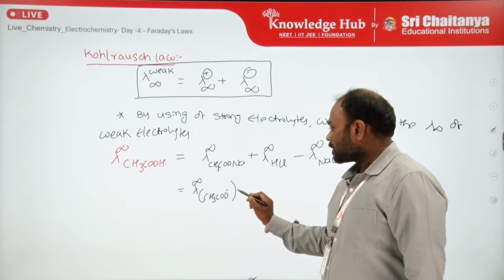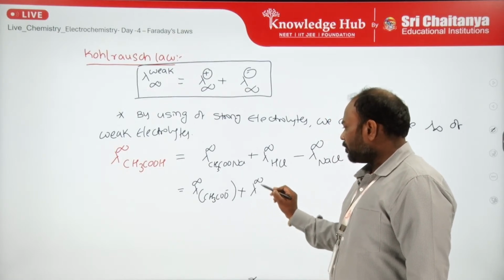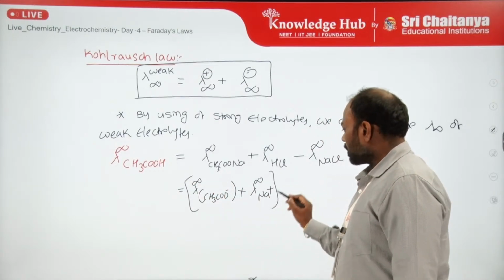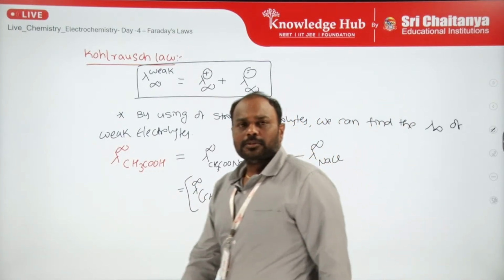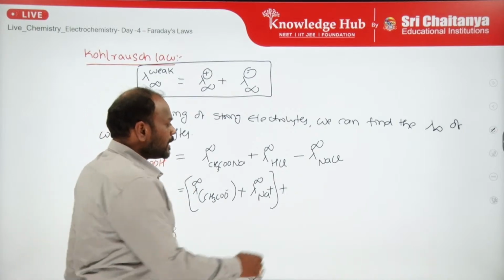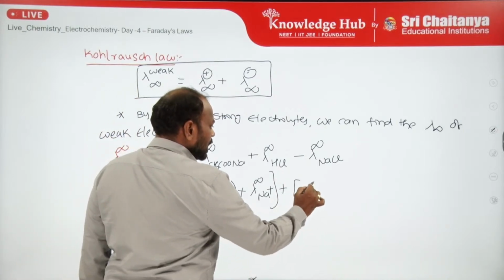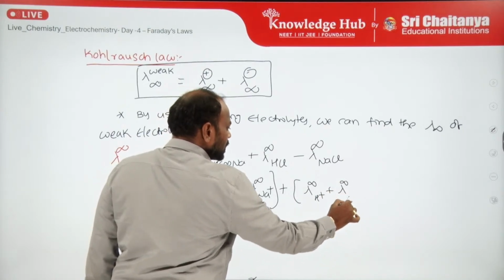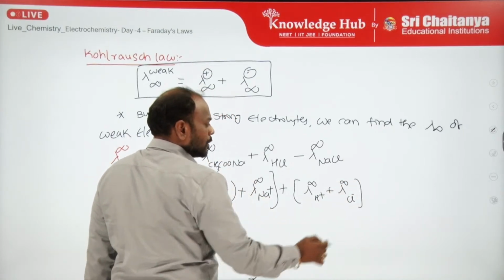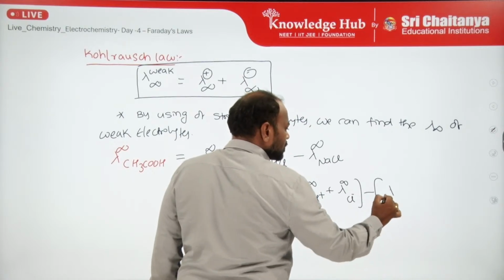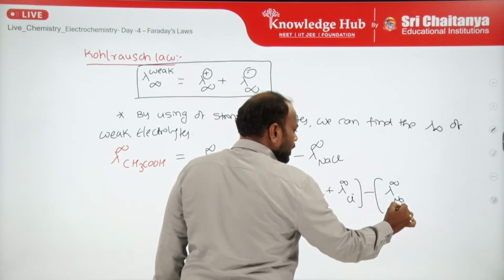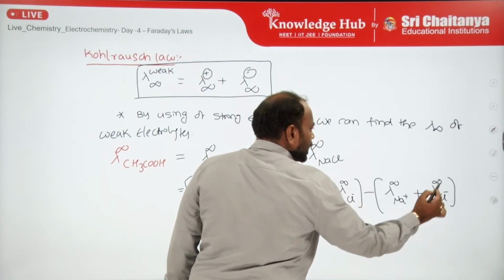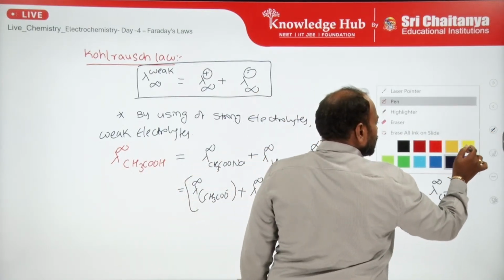CH3COO minus plus lambda infinity of Na plus. HCl is split into H plus and Cl minus: lambda infinity of H plus, lambda infinity of Cl minus. NaCl: lambda infinity of Na plus, lambda infinity of Cl minus. Now what happened here?